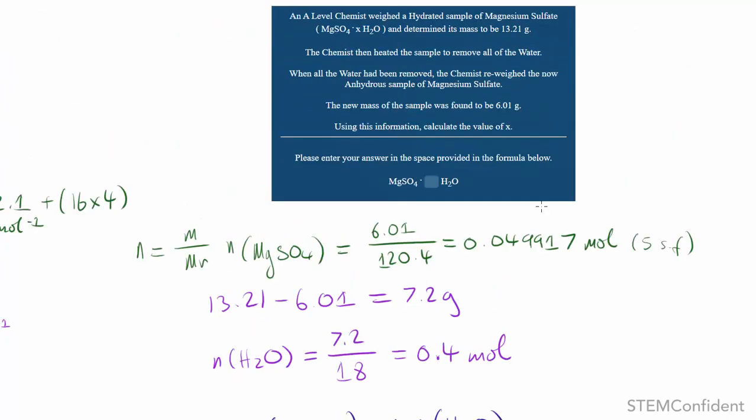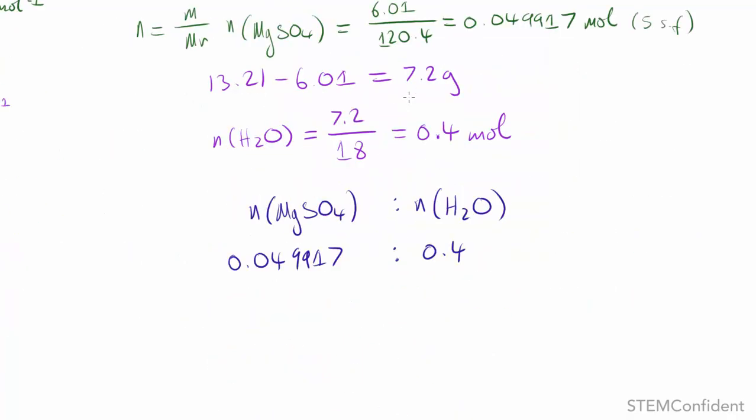One thing to bear in mind is that we can infer the coefficient next to the MgSO₄ is 1. So we want to get the left-hand side to be 1, so that we can say for every 1 mole of MgSO₄, this is the number of moles of H2O, and then figure out the value of x.